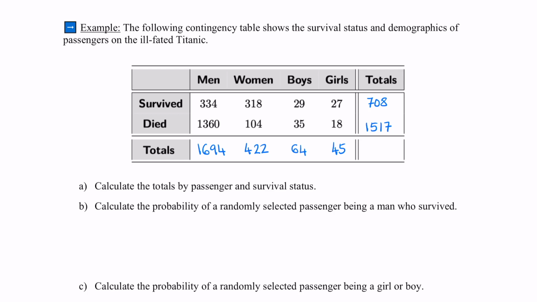And finally, for the grand total, we'll take 708 plus 1517, that is 2225. Or you can also take 1694 plus 422 plus 64 plus 45. You still get 2,225 passenger totals.